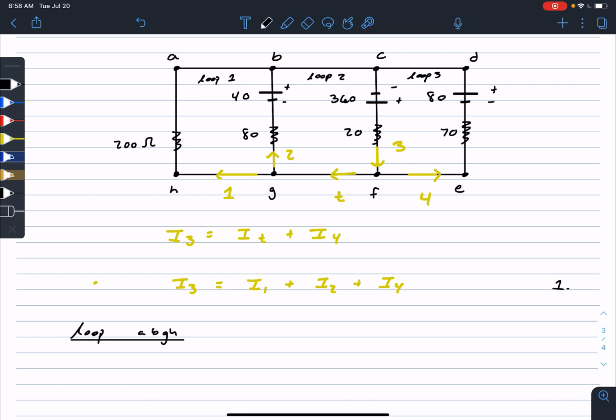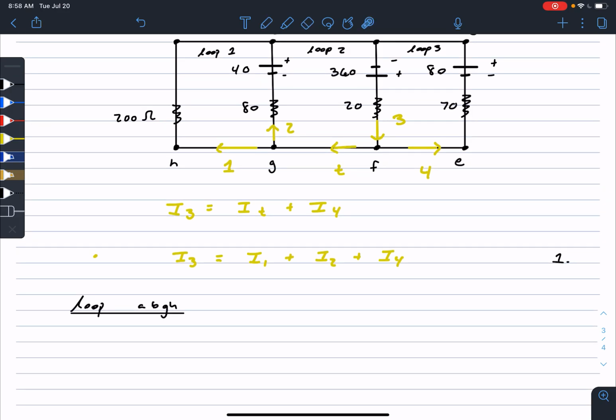we want to sum all of the potential differences. Here, we're going this direction with the current, so this resistor is going to be negative. This is going to be negative I1 times 200 ohms. Okay, and we keep going around the loop. We're going from positive to negative, so that's going to give us a negative EMF. We'll call that E1. And then we continue down.